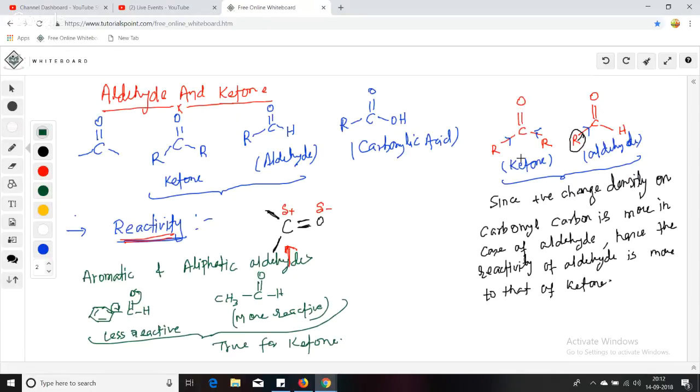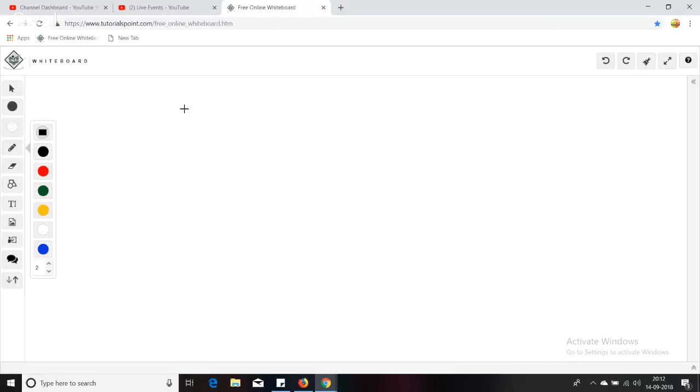If I give you one simple order into this, sometimes it is important for exam. Okay, and that order is this: the most reactive compound we have in this carbonyl compound.